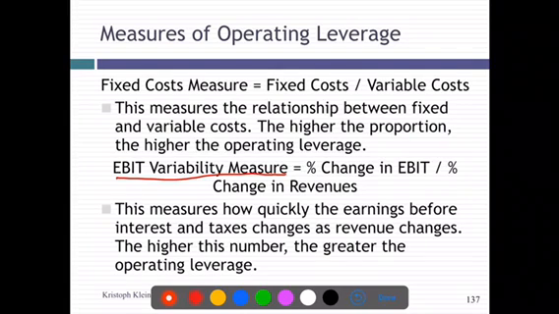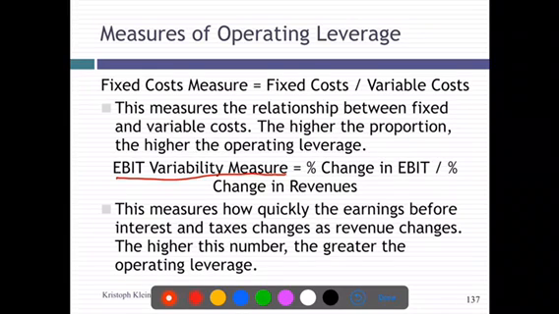Now, if you're a company that has a lot of variable costs, what that means is as your revenues change, your costs are also going to change, right? So a change in revenues is going to not have much of an effect on the change in EBIT. So your EBIT variability measure is going to be fairly low.